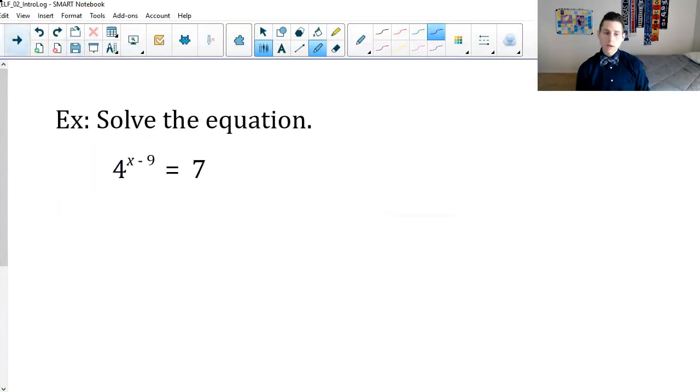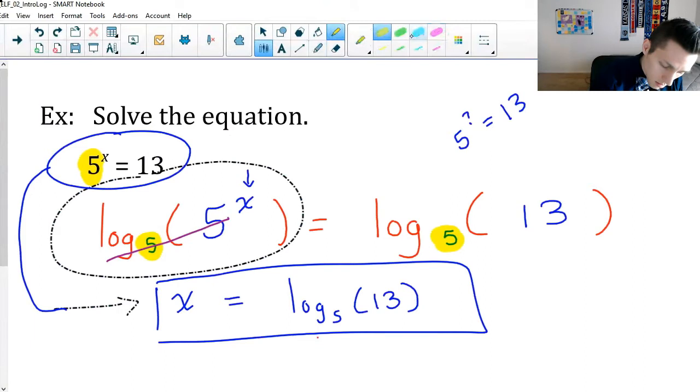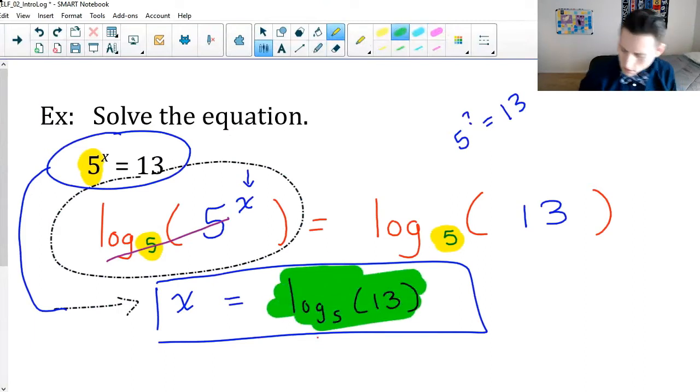Okay, so let's bump it up a tiny bit. Can we solve the logarithm with a calculator? Do you mean like this? Do you type that in and get a decimal? Is that what you're asking? Come on.